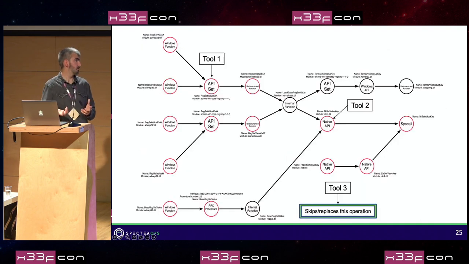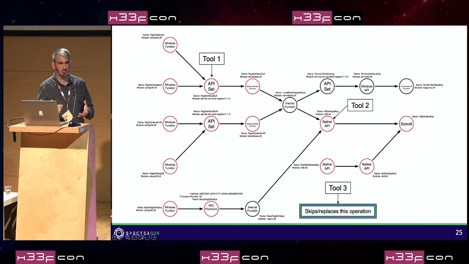To give an example, this is a very contrived one. I just wanted to use the same function map, even though it's not super applicable in the context of writing to a registry key value. Imagine we have one tool that starts its functional path at the Win32 API, specifically a Win32 API exported from an API set, in tool one up there.